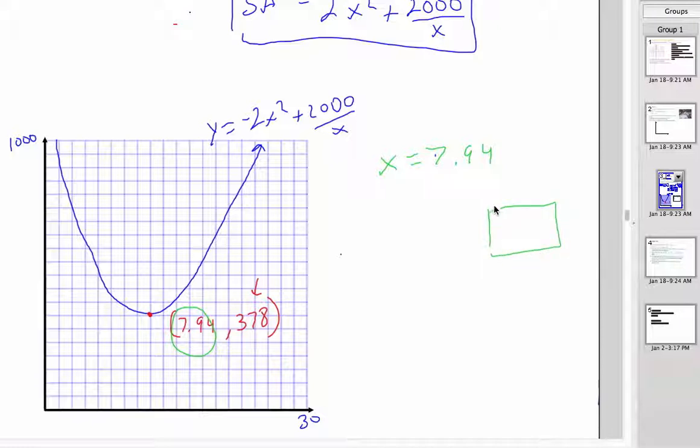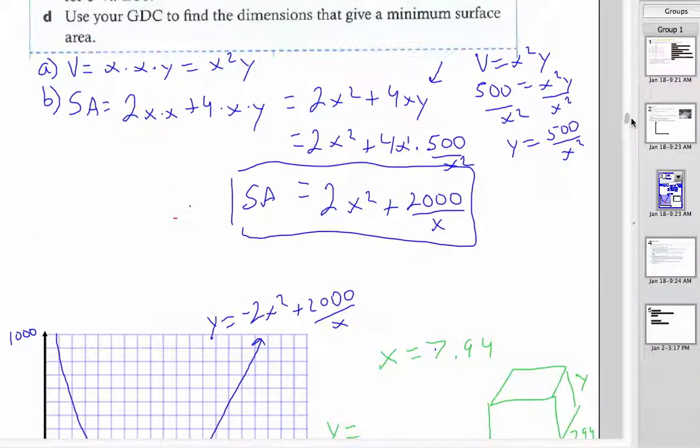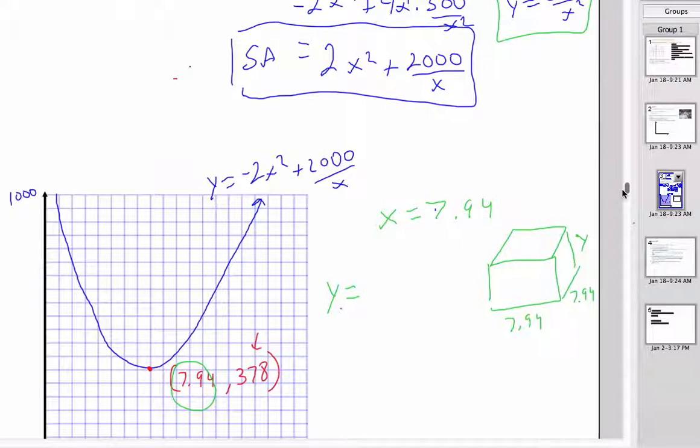So recall the cuboid looks kind of like this. This is 7.94, this is 7.94, and then we have the y over here, which we don't know right now, but we know that y equals 500 over x squared from before. So that's how we can find the y value now.